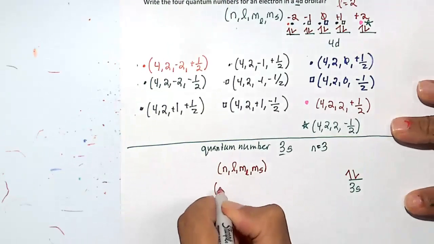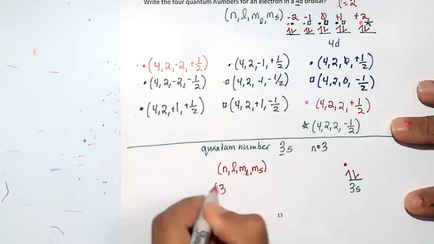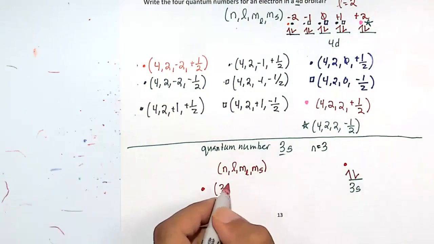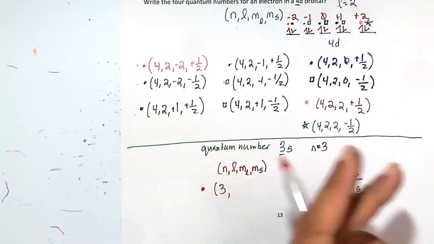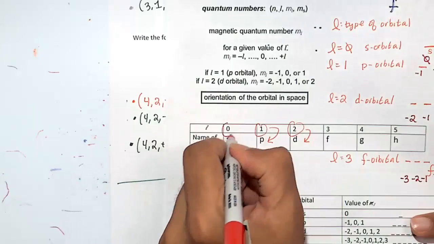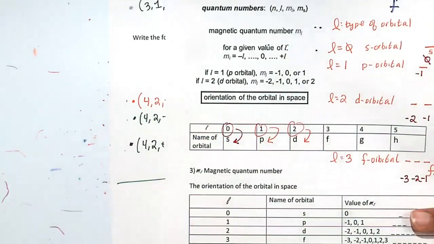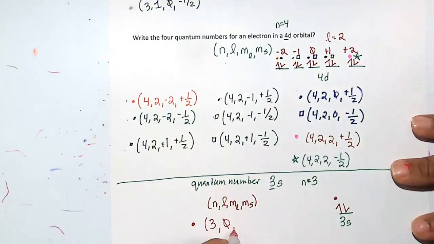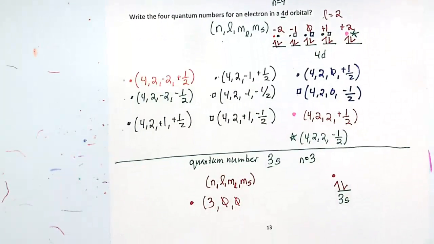Obviously n is equal to 3. We'll call this the dot here. And what is l for an s orbital? 0. l for an s orbital is 0, and if it's 0, there's only one slot.